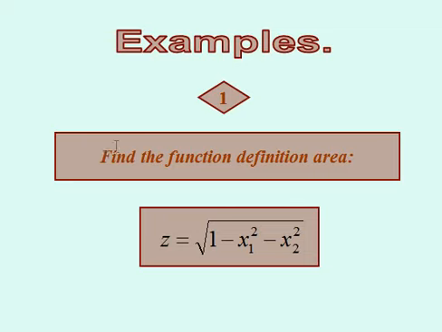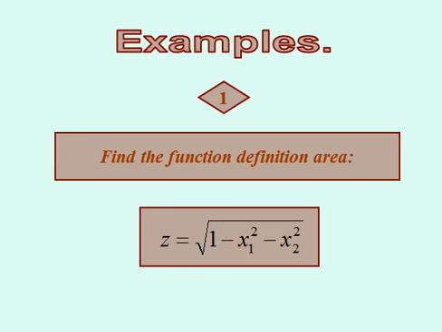So, if we have to find the definition area of such a function, square root of 1 minus x1 squared minus x2 squared, what does it mean? We know that the expression under a square root should be non-negative.